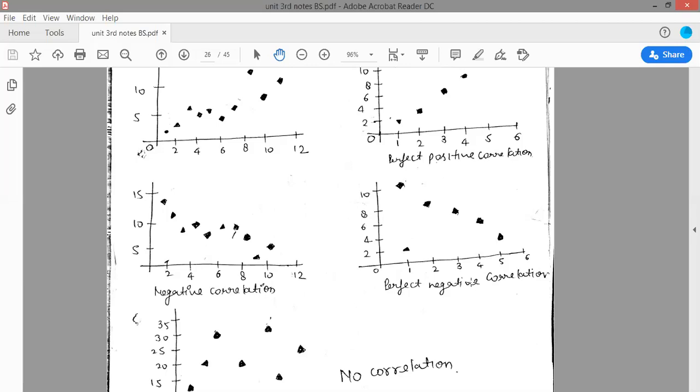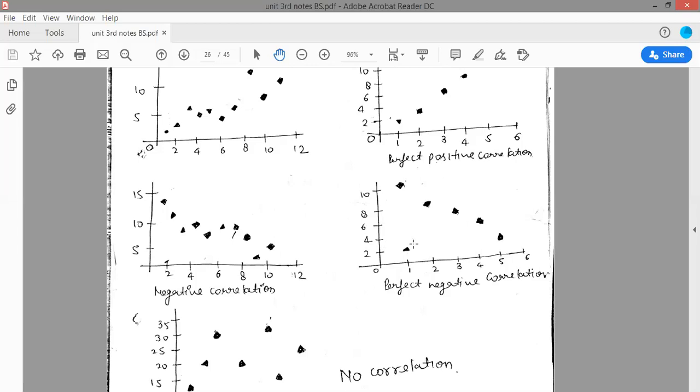Next one is 1, 2, 4, 1, 2, 3, 4, 5, 6, 2, 4, 6, 8, 10. So the value 1 is here, and at 5 the value of y is 4, and at 4 the value of y is 6. So here also one variable is increasing and the other one is decreasing.